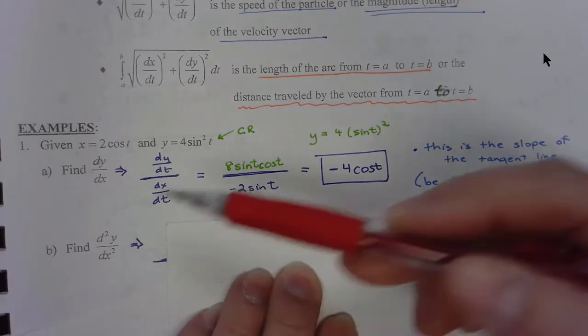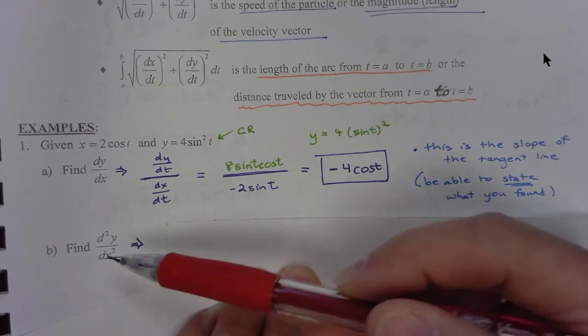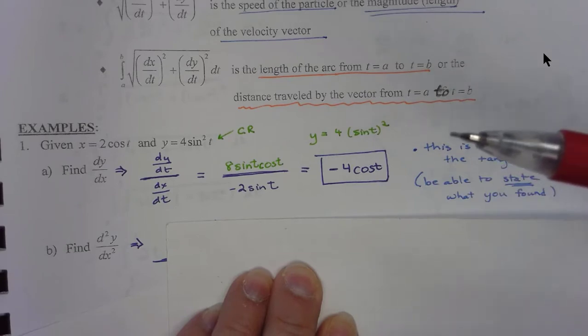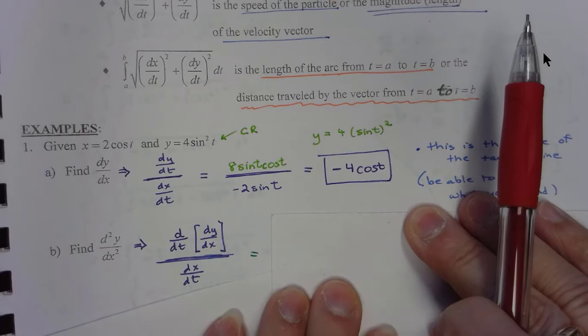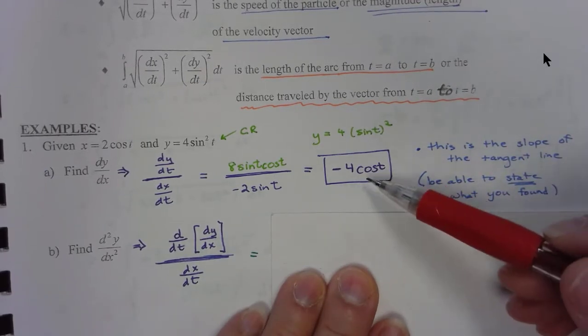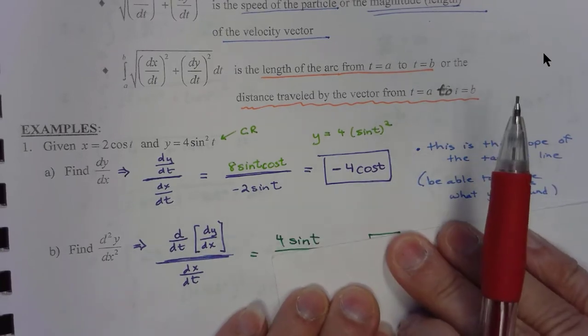That is how we find the slope of the tangent line. So now we are asked to find the second derivative. Now, the second derivative with respect to x would mean the derivative of my first derivative with respect to t over dx/dt. You want to get used to writing that out. Well, this is super easy. The derivative of this with respect to t is 4 sine t.